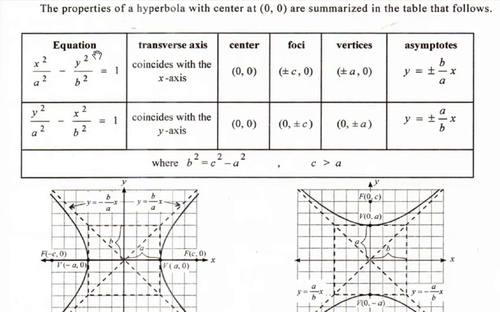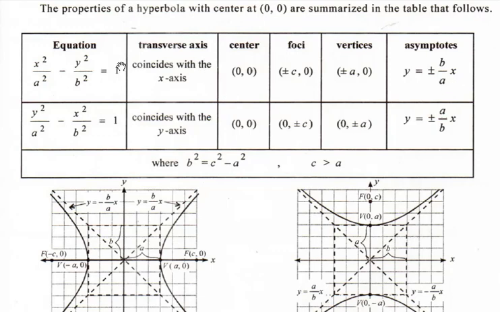So we have this equation with the minuend that contains x squared: x squared over a squared minus y squared over b squared equals 1. It says here the transverse axis coincides with the x-axis, center at the origin, foci plus or minus c, 0, coordinates of vertices plus or minus a, 0, and the asymptotes y equals plus or minus b over a x.